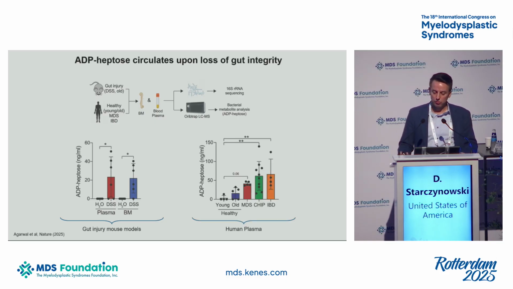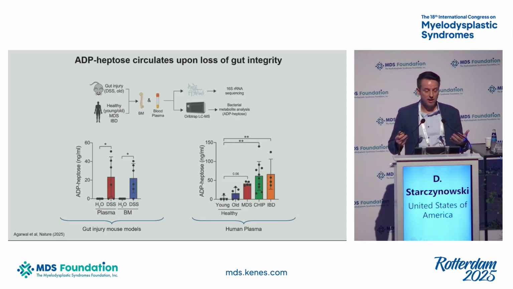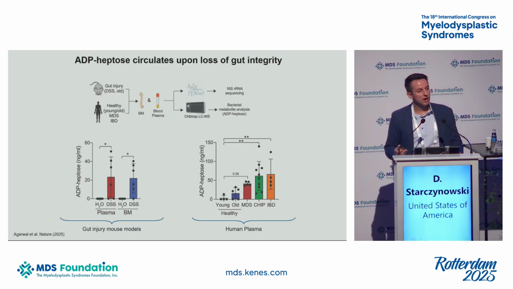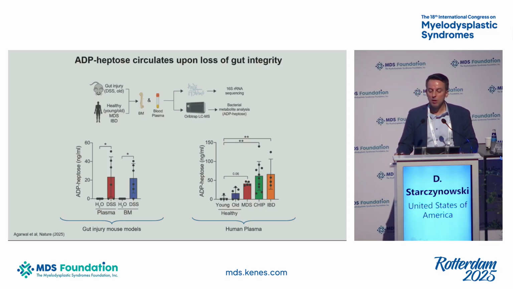If we do the same experiments in plasma from healthy donors, either young or old, you can see that in older healthy individuals, there's already circulating ADP-heptose. We see a similar phenomenon in MDS and CHIP individuals, as well as in much younger individuals with inflammatory bowel disease, with elevated ADP-heptose. So ADP-heptose does indeed circulate upon loss of gut integrity and expansion of gram-negative bacteria.